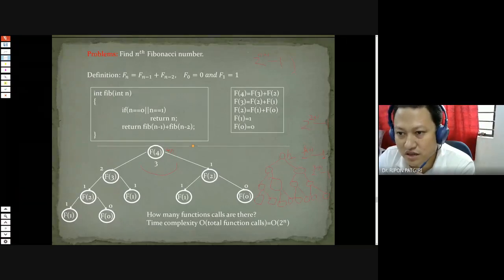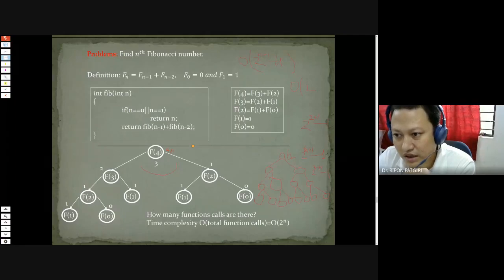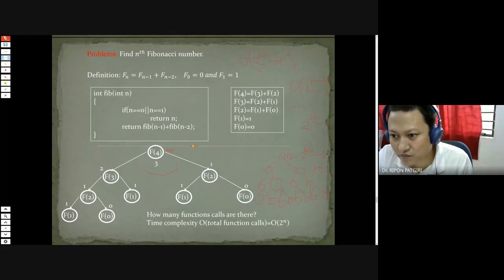The maximum calls possible is big O of this. This is the constant part. We don't care, we delete this. So big O of 2 to the power n plus 1 is equal to big O of 2 to the power n.